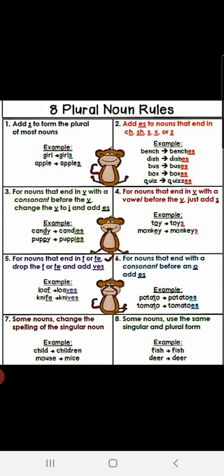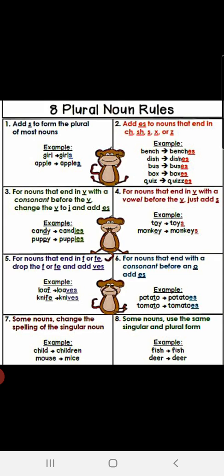For nouns that end in y, with a consonant before the y, change the y to i and add es. Children, the singular nouns which are ending with the letter y, and before that letter y there is a consonant. Consonant means the letters other than vowels.